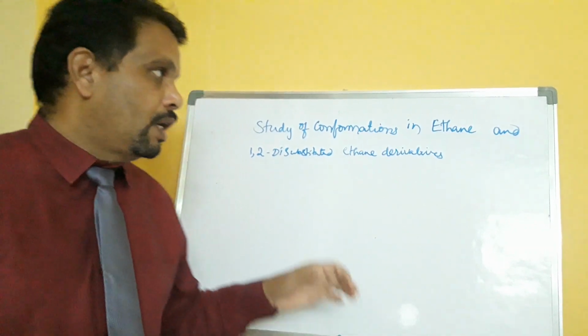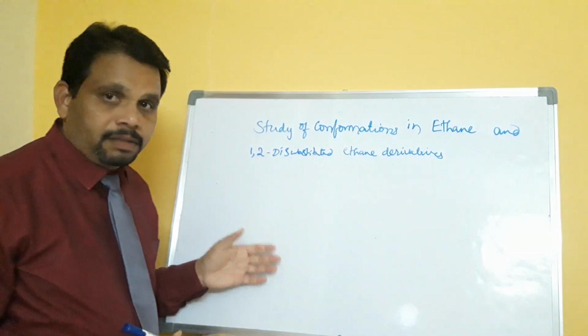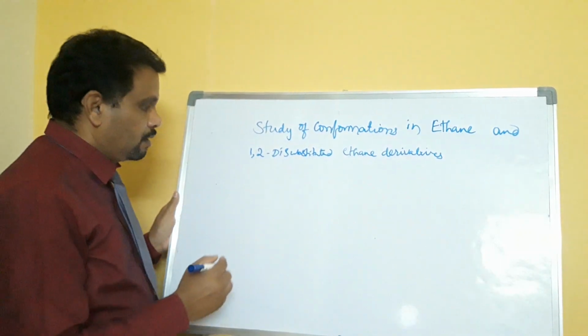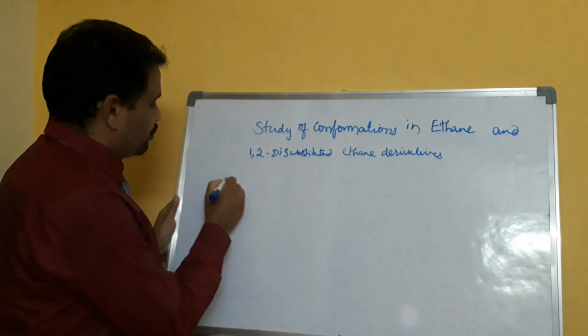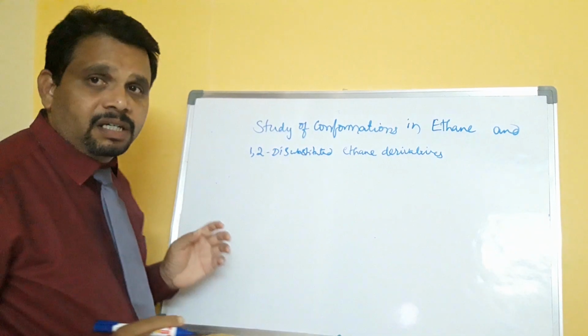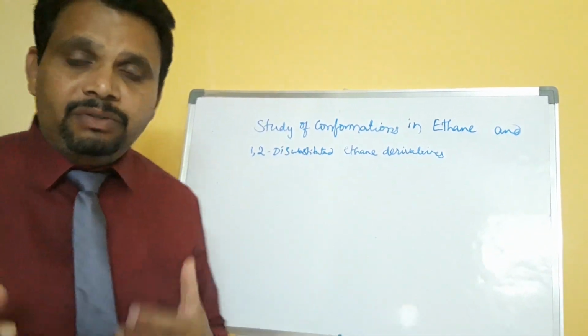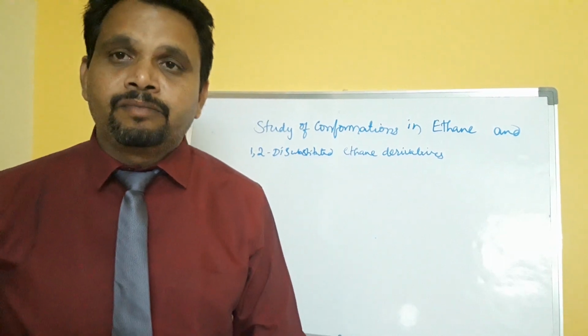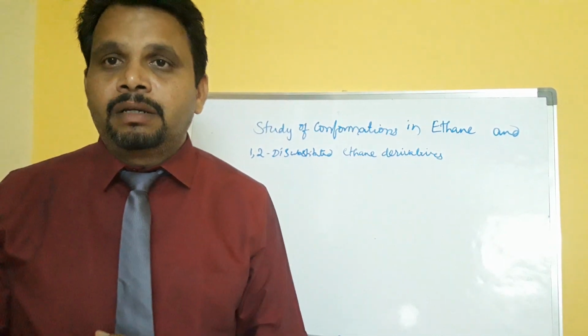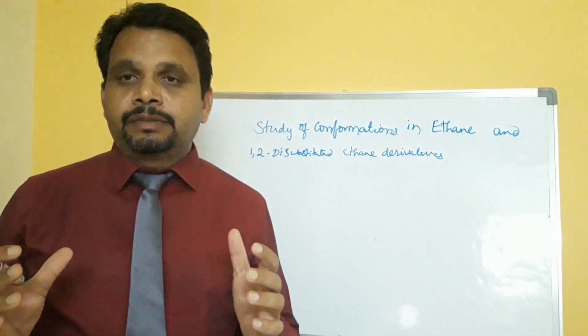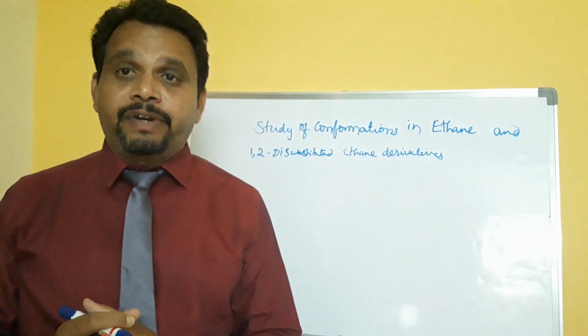Now I'll give you another example, n-butane. I think I gave that example in my last class. In n-butane we can isolate four different conformers.